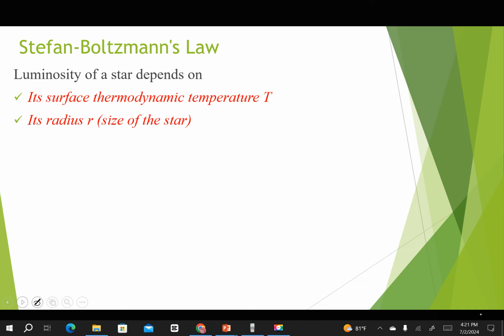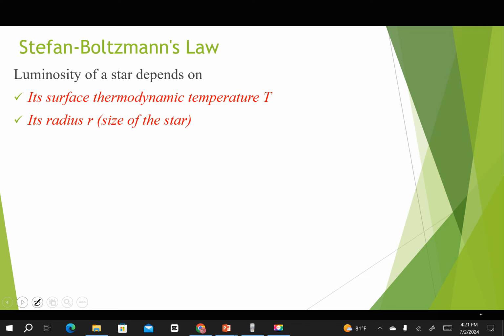So Joseph Stefan was so much interested in the relationship between the luminosity of an object and the surface temperature. His findings show that the luminosity of an object was always directly proportional to the fourth power of the absolute temperature. On the other hand, Ludwig Boltzmann was interested in the relationship between the luminosity and the size of the star or the area of the star.